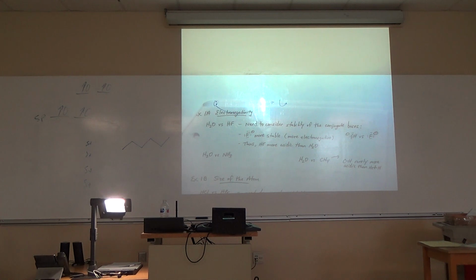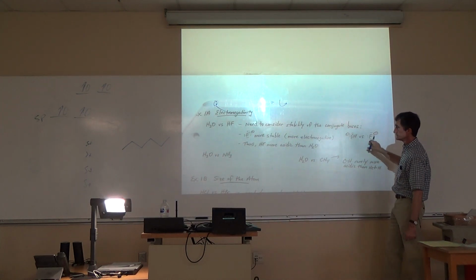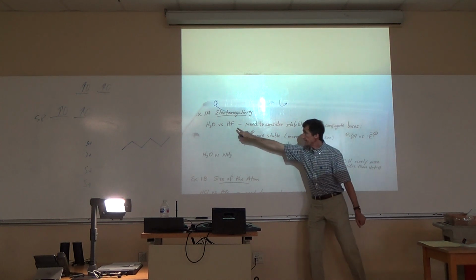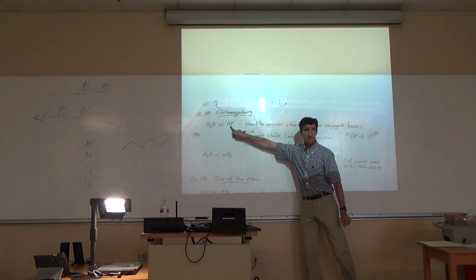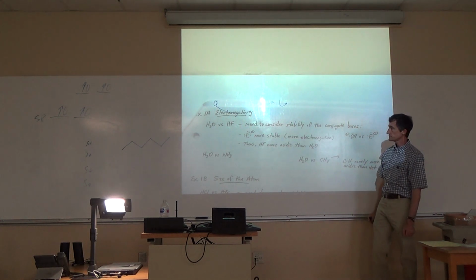Which likes being negative more, carbon or boron? Carbon, but not a lot. Nitrogen likes being negative more than oxygen. F minus is more stable, because it's more electronegative. Thus, HF is more willing to act as an acid and become F minus.